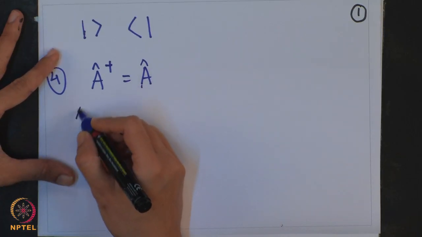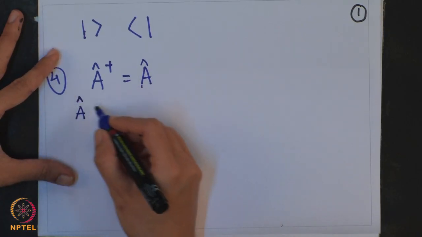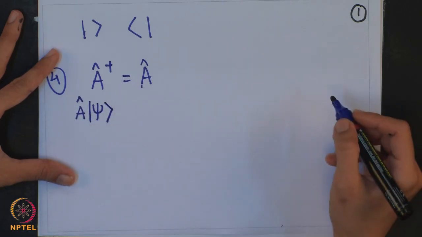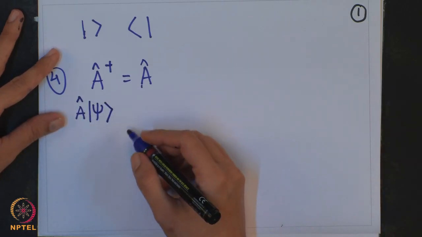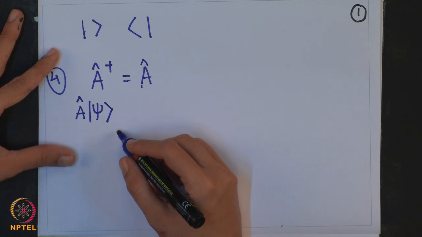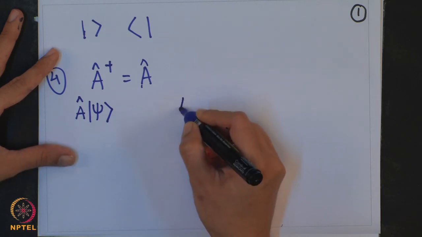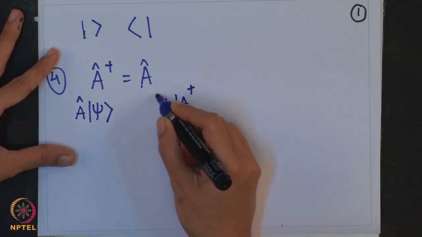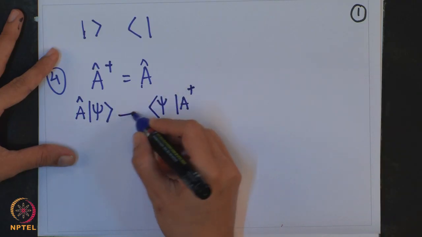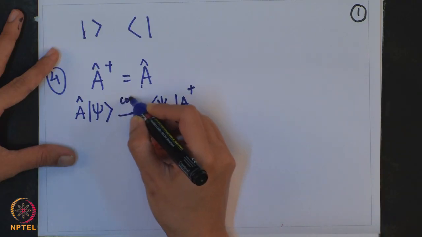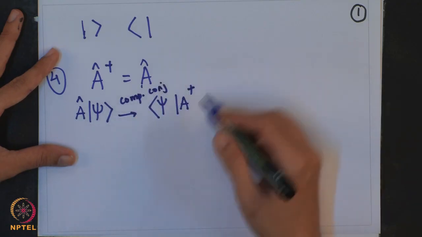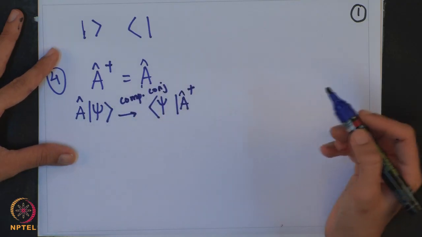So, how will I write this? Operator A on psi will be this in ket notation. Now, the bra of this would be A dagger, and when you take the complex conjugate you will get psi A dagger.